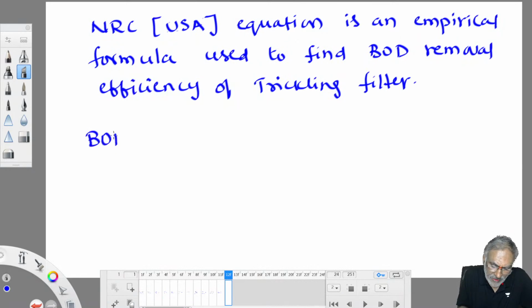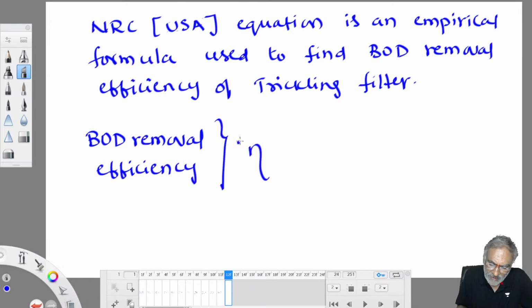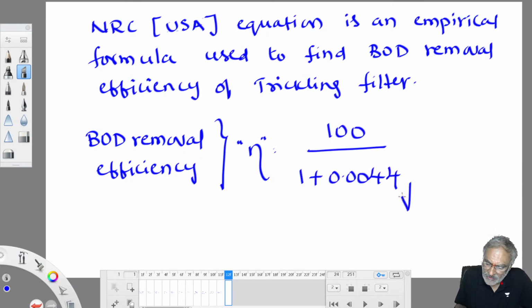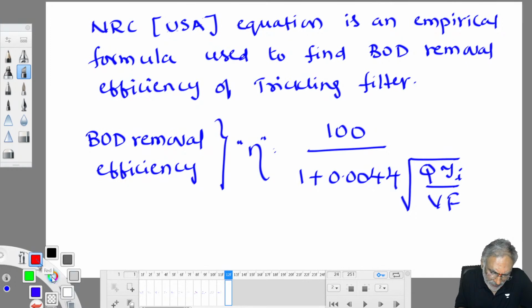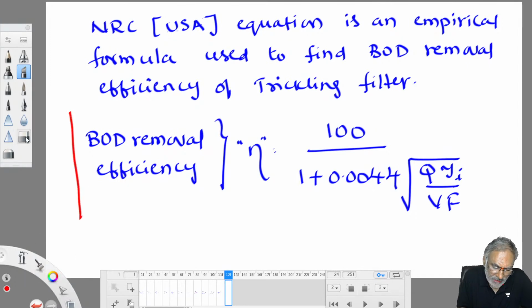So BOD removal efficiency of trickling filter is equal to 100 by 1 plus 0.0044 into root of Q into yi by V into F. So you have to remember this formula, this is an empirical formula, there is no shortcut for this.